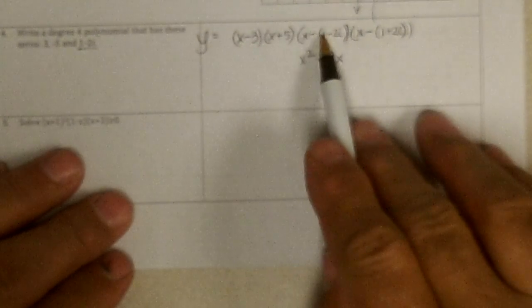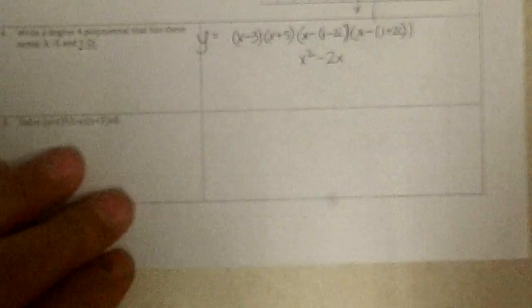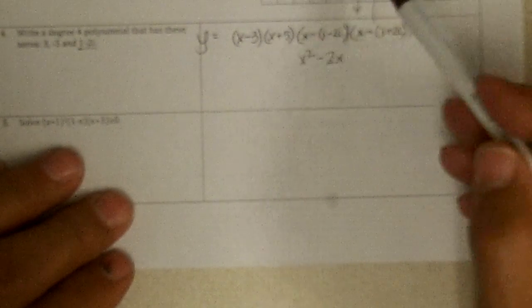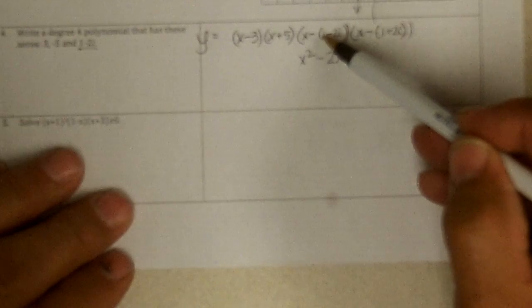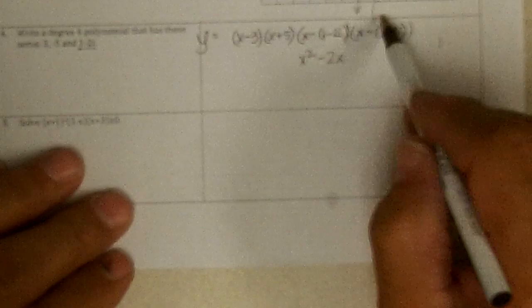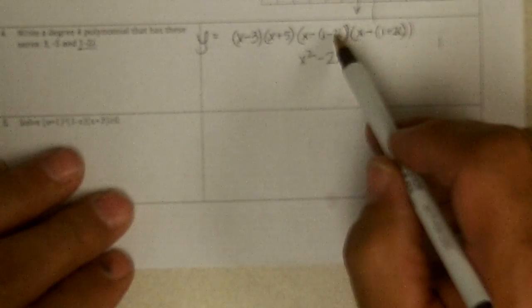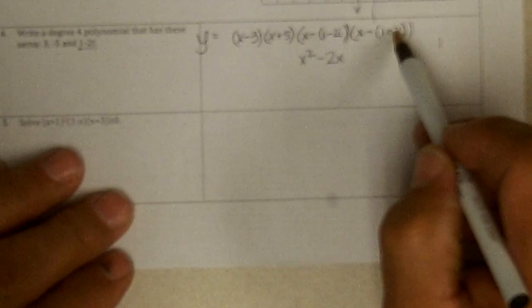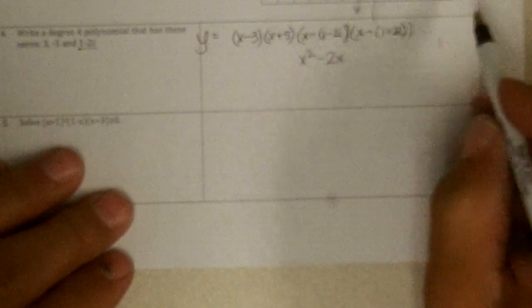And then I'm going to have these two things multiplied. A negative times a negative is going to be positive, and I'm going to have 1 times 1, which is 1, plus 2i minus 2i, and then minus 2 times plus 2 is minus 4i squared.